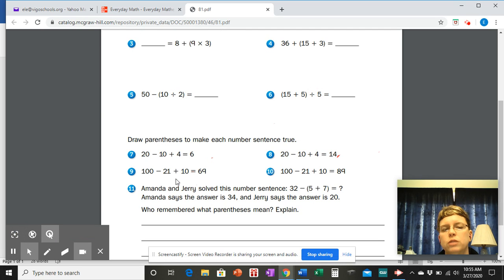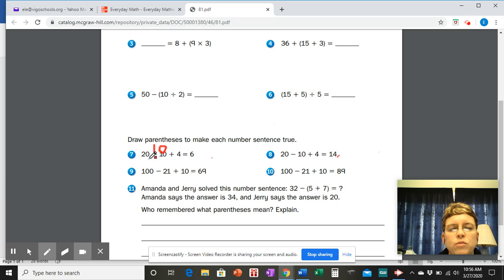Now we are going to look at inserting parentheses to make each number sentence true. So we have 20 minus 10 plus 4 equals 6. So we're going to go through and do the 20 minus 10 first. 20 minus 10 gives us 10. If we add 4, that doesn't give us 6.